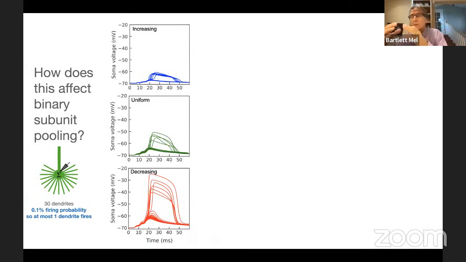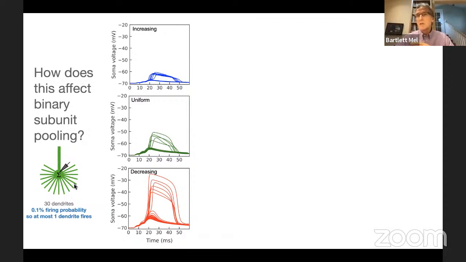Let's carry it through to see how dendrites that had those three different spine density distributions would perform at this binary subunit pooling task. So here's where you can't just look at one dendrite. You have to look at all the dendrites together in the neuron. Okay, so here's our imaginary neuron that has 30 dendrites, is the number that we assumed.